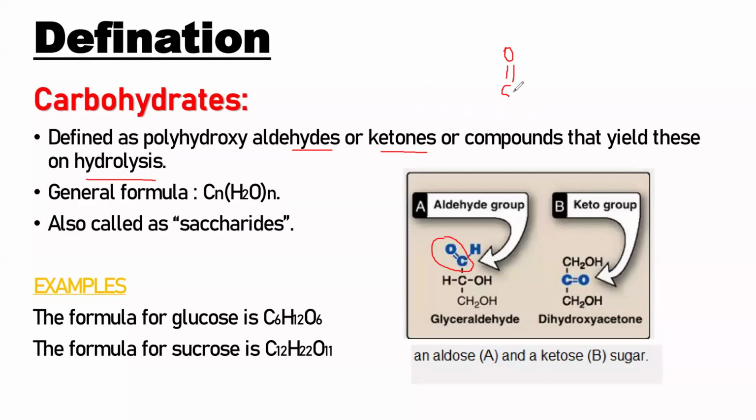In the case of aldehyde, it has a free hydrogen. So whenever you see a carbonyl carbon that contains a free hydrogen, like in this case, that is an aldehyde. There is also another name for aldehydes. We also call it alkanal.